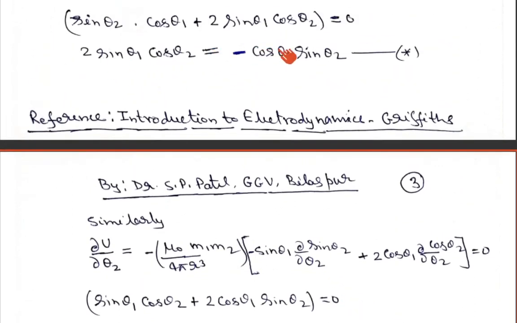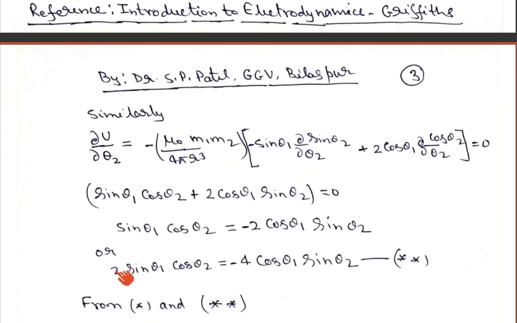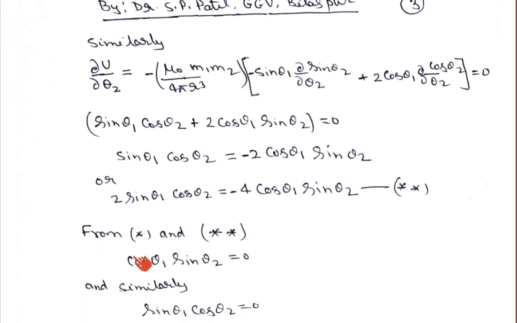So this can be written as minus cos theta 1 sin theta 2. So in place of this quantity we can write minus this, what I have obtained from star. So if we solve these two equations, then we will get cos theta 1 sin theta 2 will be equal to 0. Okay. Similarly, we can solve for this cos theta 1 and sin theta 2.